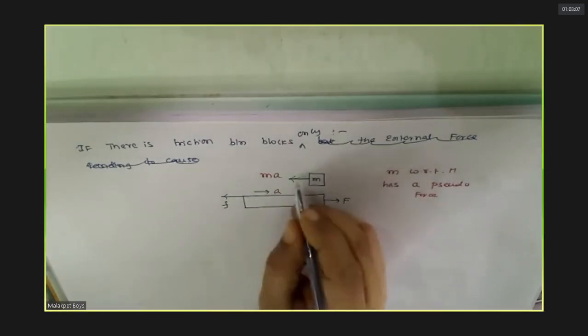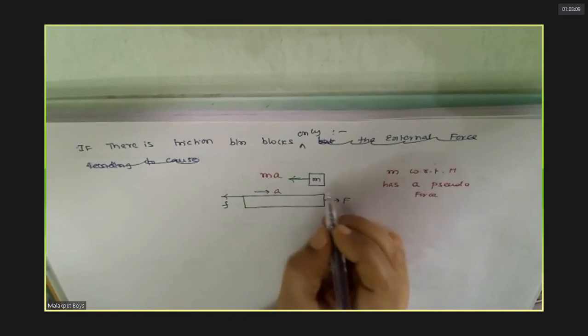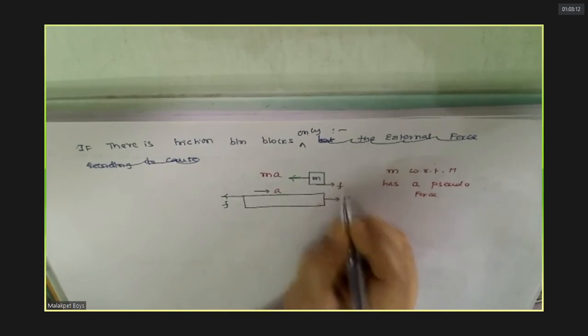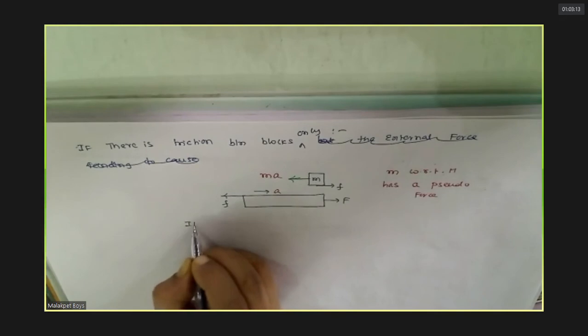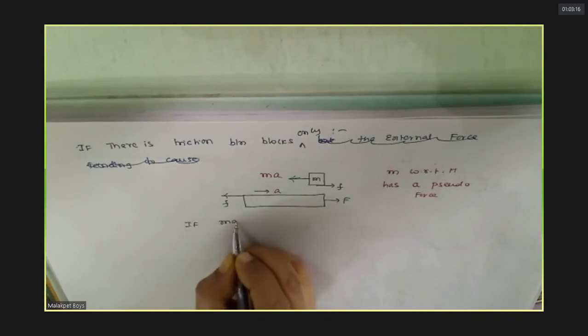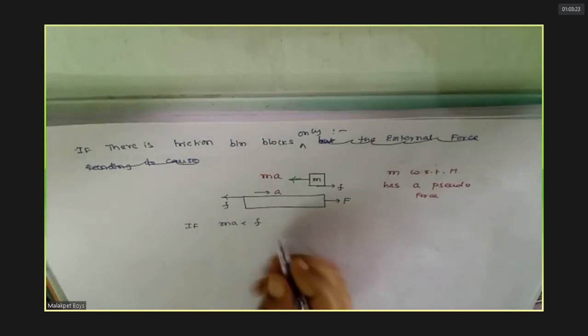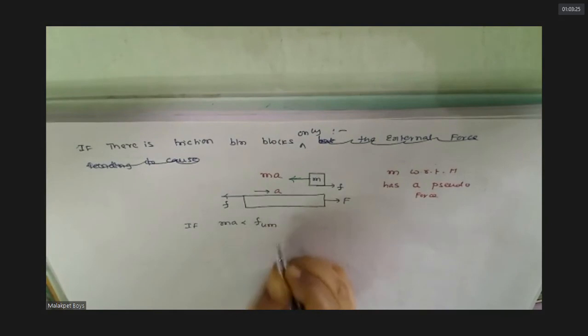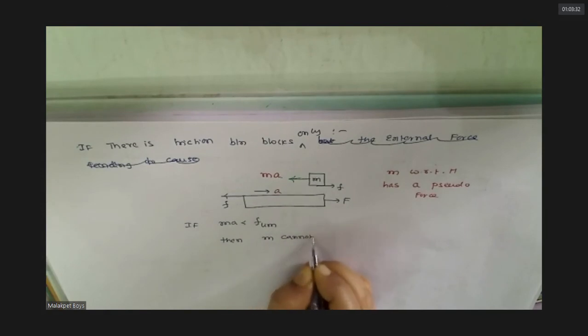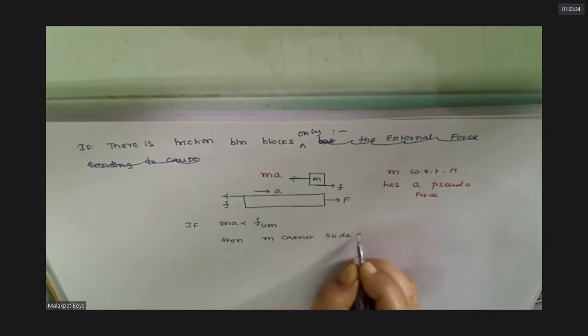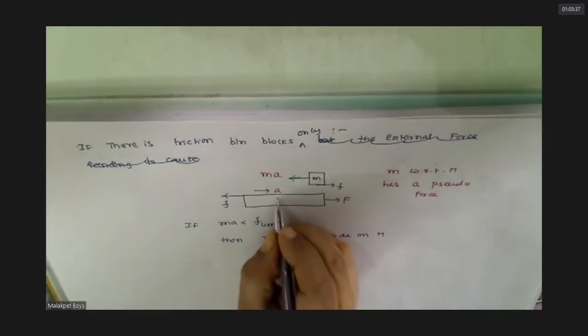Now you can see the direction, the arrowhead I already showed, no? Now here this is the frictional force. If the pseudo force is less than F, what will happen? Can the block slide? No, sir. Do you agree with this? Yes, sir.